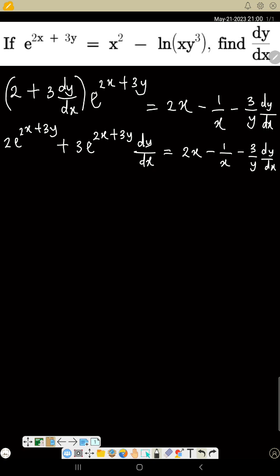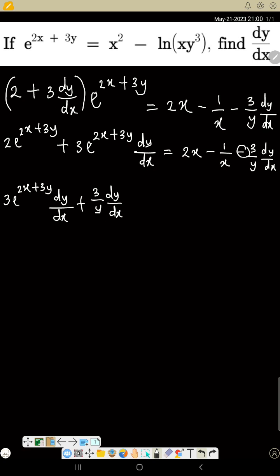Now take all those ones with dy ds together. So we have 3 e raised to power 2s plus 3y dy over ds plus 3 over y dy over ds.